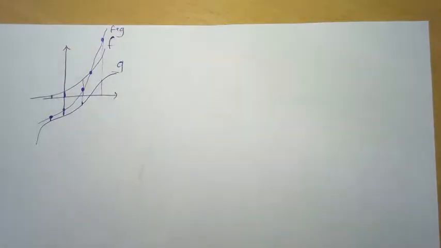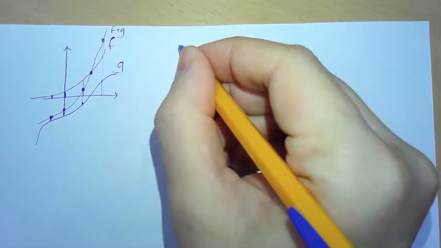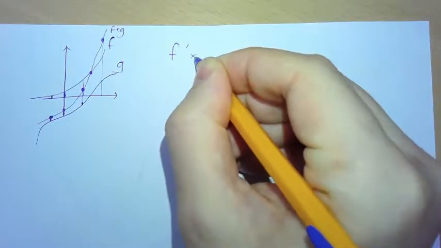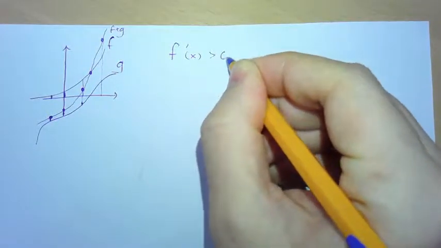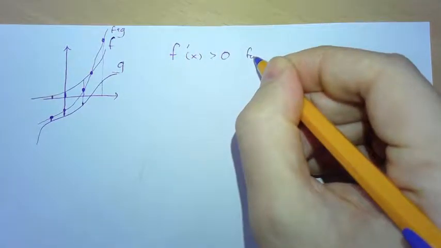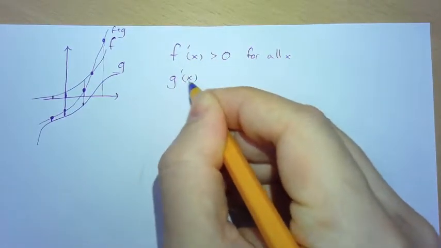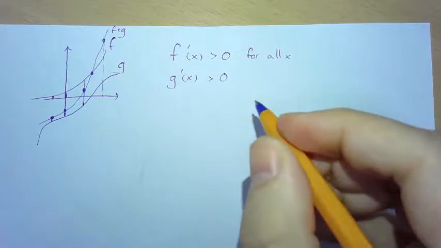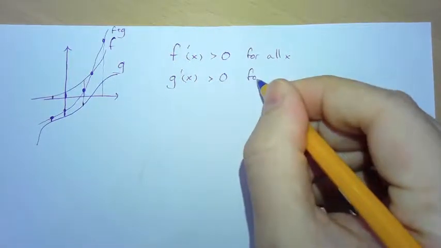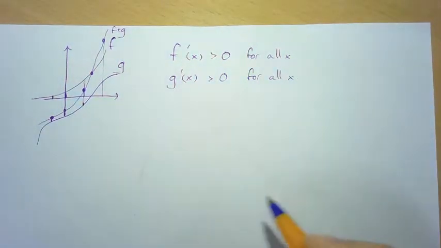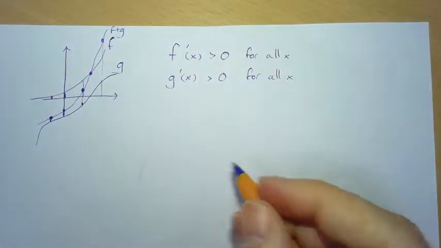Better is to think about derivatives. If f is an increasing function, what it means is that f prime of x is greater than 0 for all x. And g is also increasing, so g prime of x is greater than 0 for all x. So now I can think about the function f plus g.